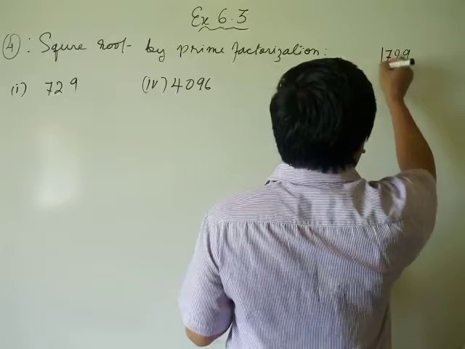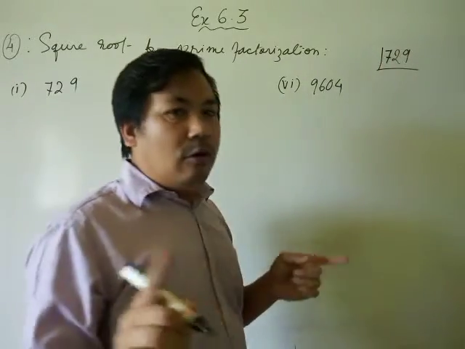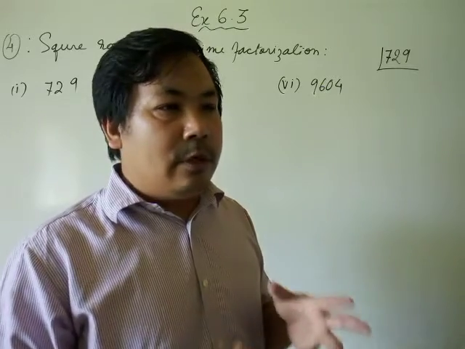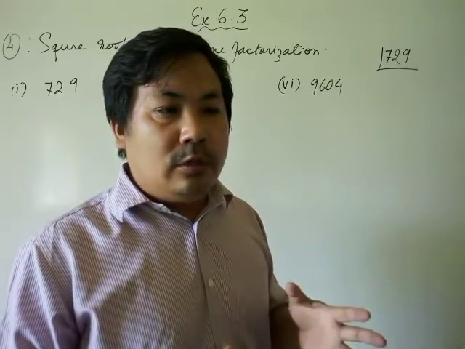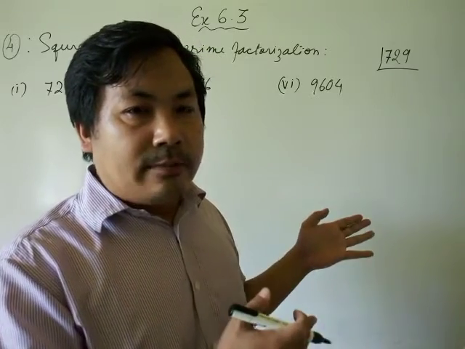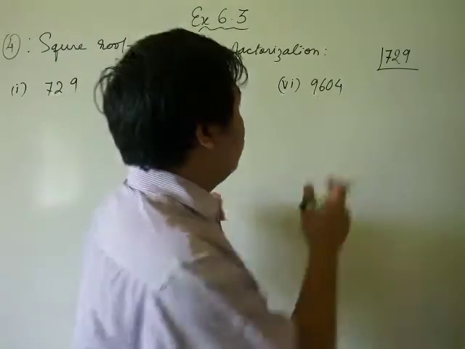Prime factorization. We have to go for the smallest prime number first. The smallest prime number is 2, but 2 is not possible to divide this, so we have to go for the next prime number, that is 3, isn't it?